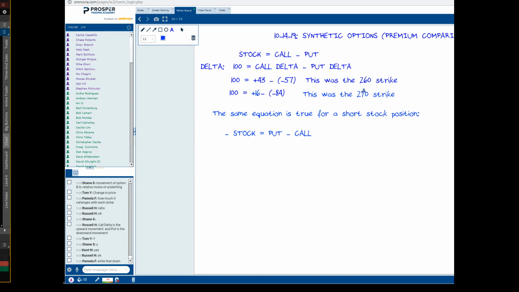Okay, so if we did the exact same relationship here, using delta, same strikes, everything, okay, you would have minus 100 equals, and then if we just take the same 260 and 270 strikes, the put is a minus 57 delta, and the call is a minus 43 delta.